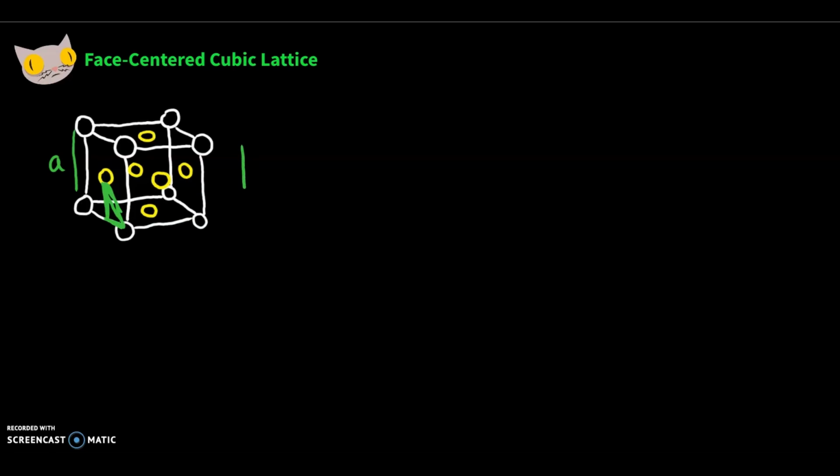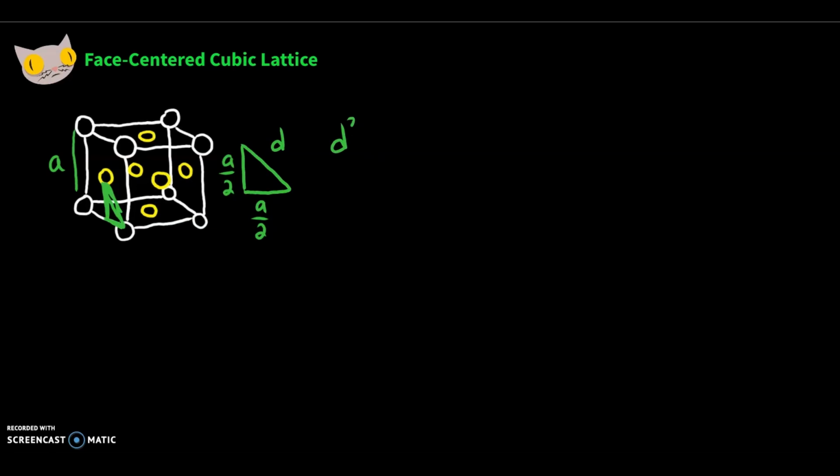So if we draw this triangle out here, we see that the 2 legs are both A over 2. And we'll call the hypotenuse D.